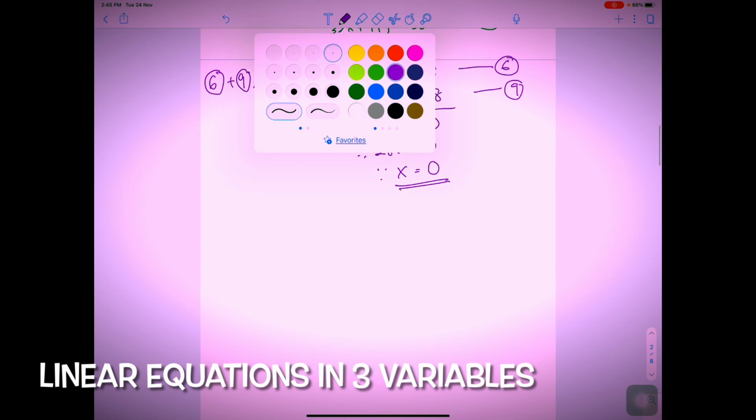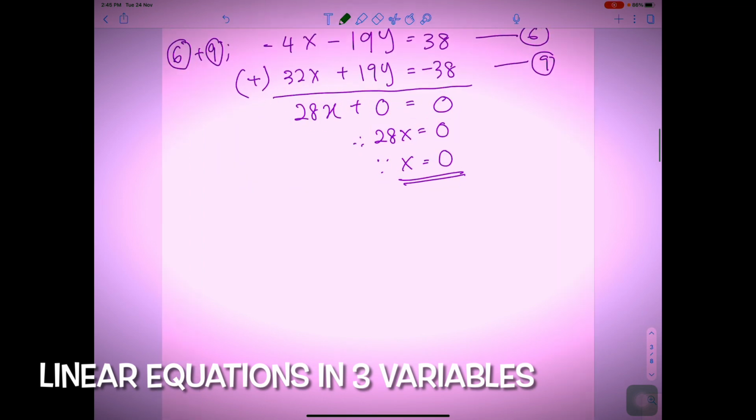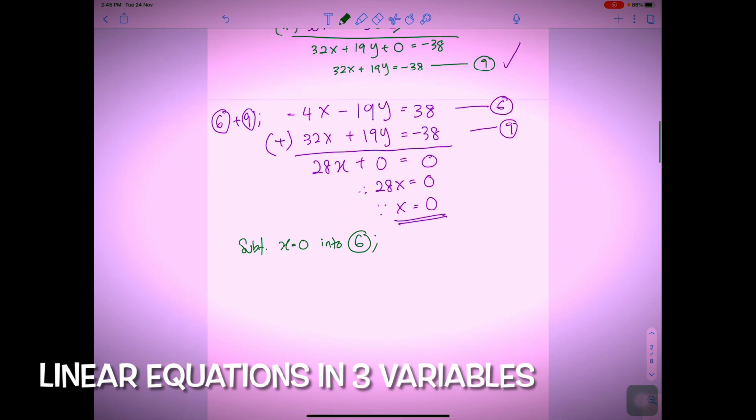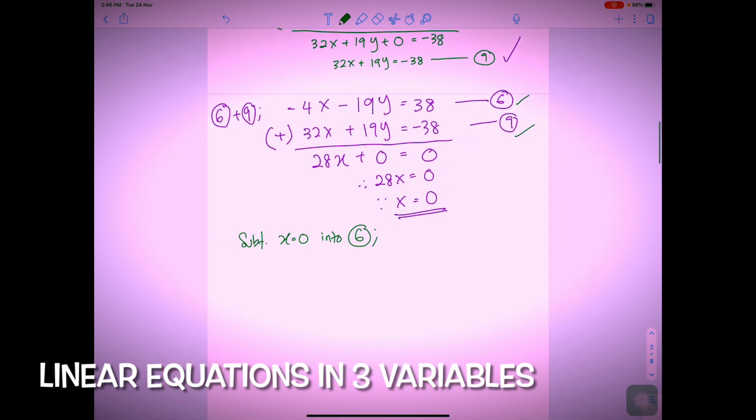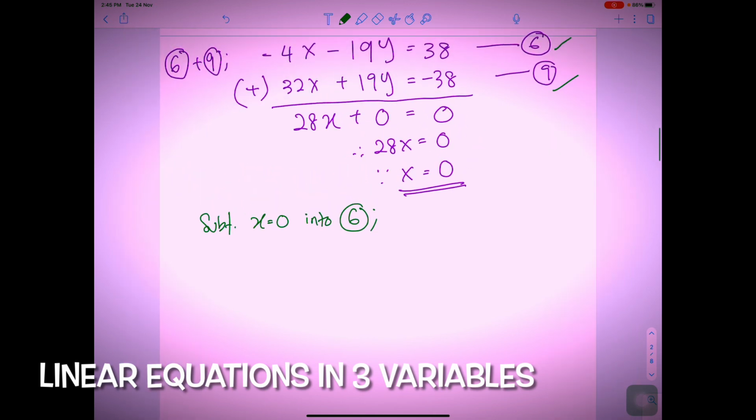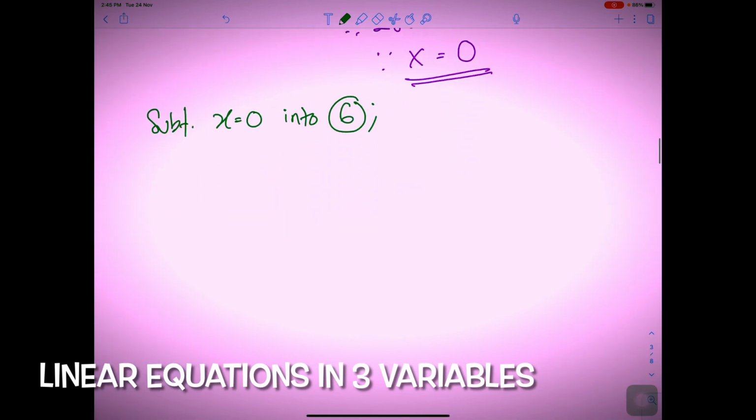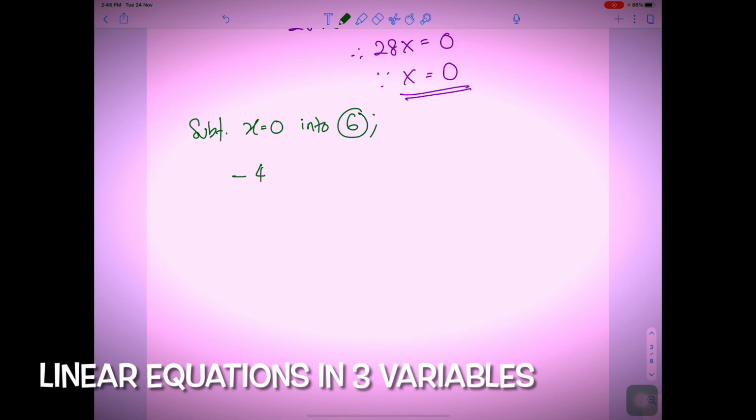Because x equals 0, we substitute x equals 0 into equation 6. Either 6 or 9, either one we can substitute so that we can get the value of y. So negative 4 times 0 minus 19y equals 38.